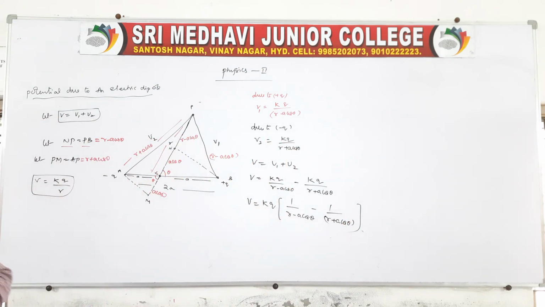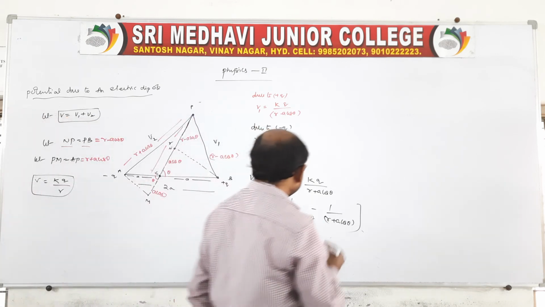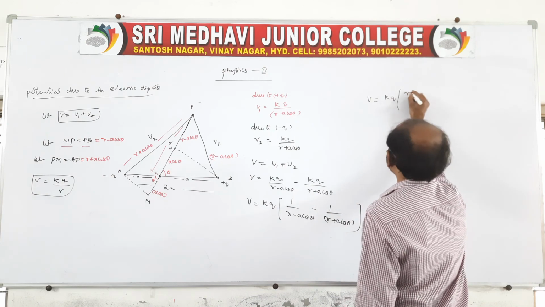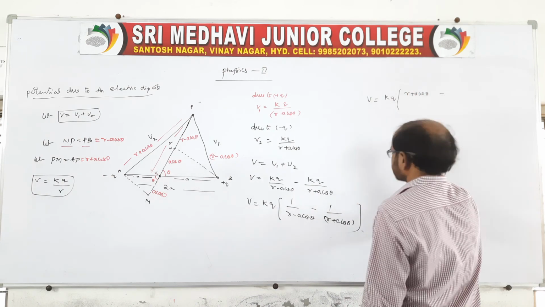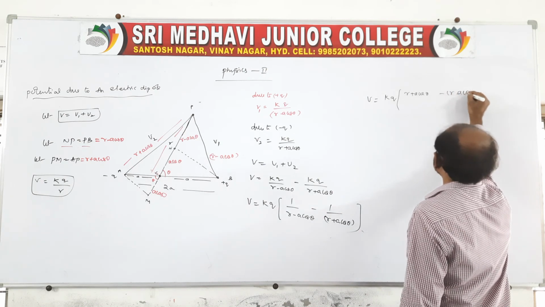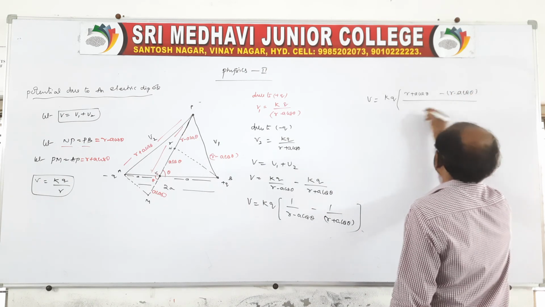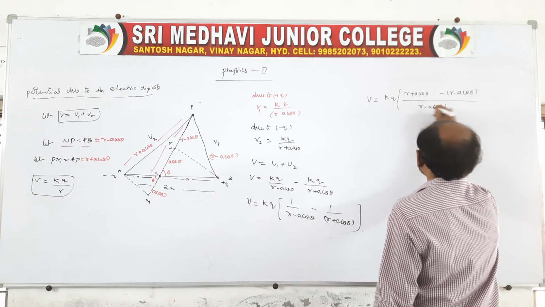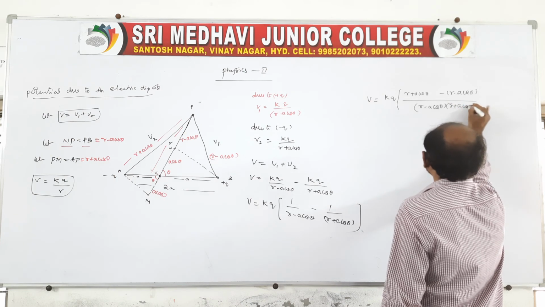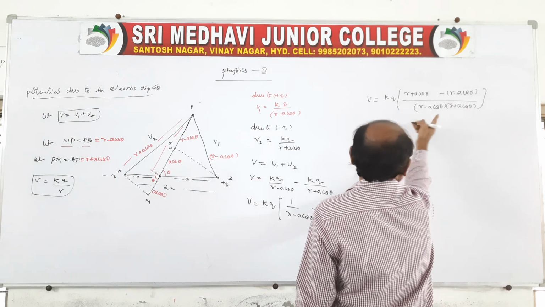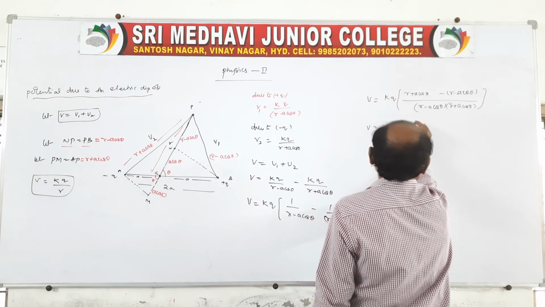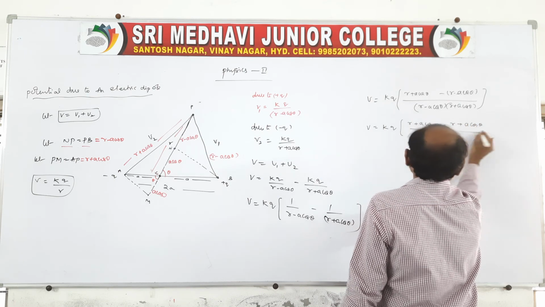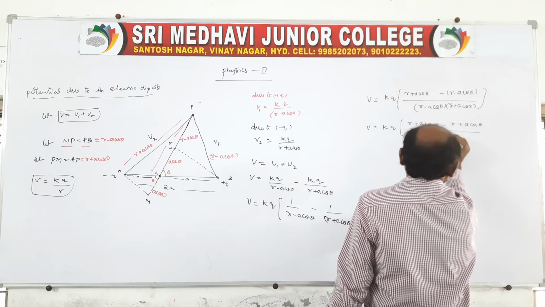Then after substitution, you take the LCM. V is equal to KQ into, cross multiplying, R plus A cos theta minus R minus A cos theta, by A minus B into A plus B. Suppose you write like this, so that KQ into R plus A cos theta minus R plus A cos theta by R square minus A square cos square theta.